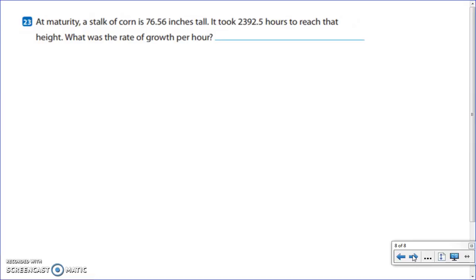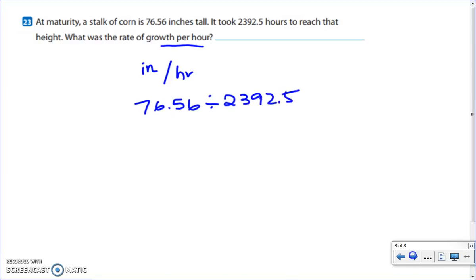It took 2,392 5/10 hours to reach that height. How much did it grow per hour? So again, when I talk about per hour, this is a unit rate from what we learned about ratios and proportions. I want to know per hour, and I have how many inches tall it is. So I really need to figure out what is 76 56/100 divided by 2,392 5/10.